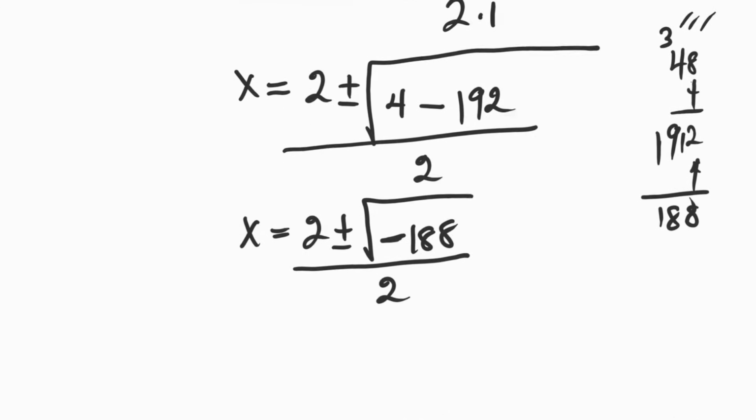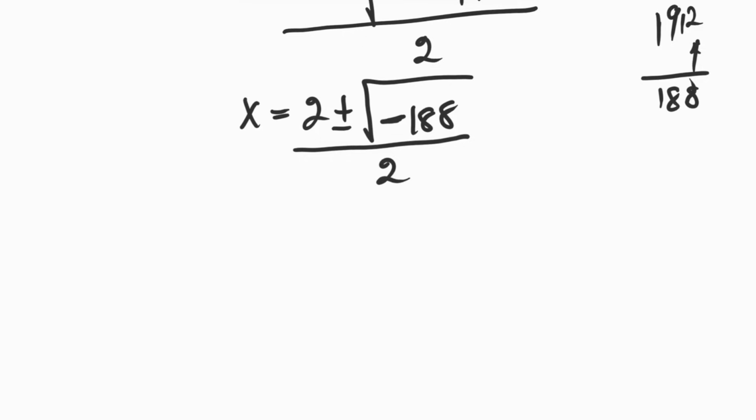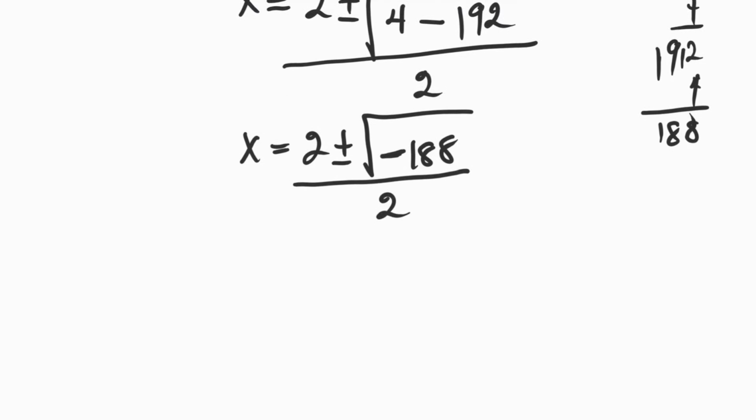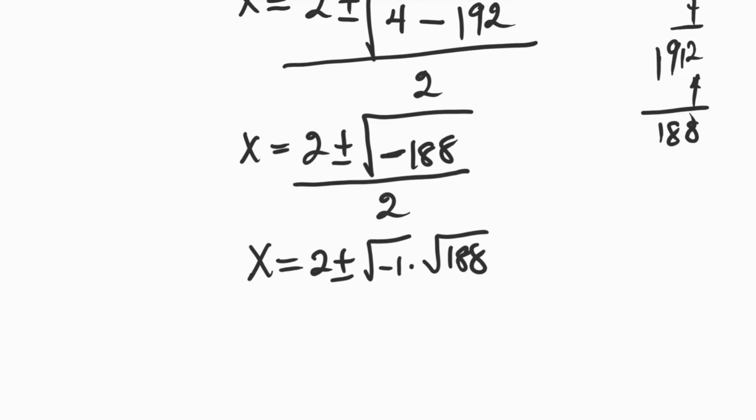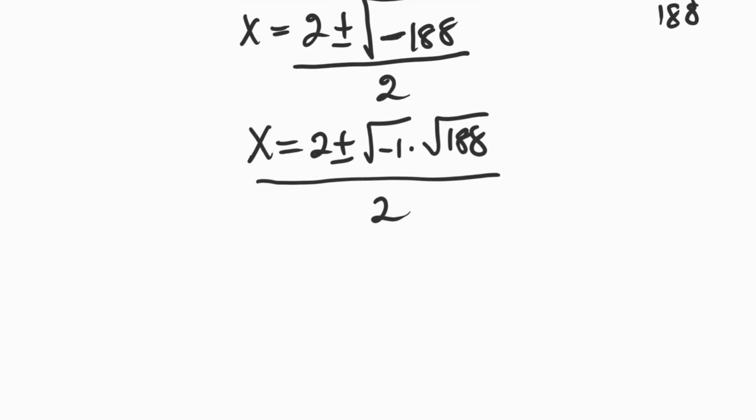Okay, so just checking to make sure we're not making any mistakes. So now we have that our x is equal to 2 plus or minus root of minus 1 times root of 188, divided by 2. Let's try to break down 188 and see if there are any values in it that have their own square root.